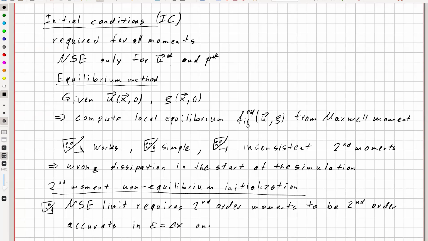And third order moments to be first order accurate. I'm wondering whether accurate is potentially okay. If you don't mind, we rather write consistent, and first order, the other one first order consistent.